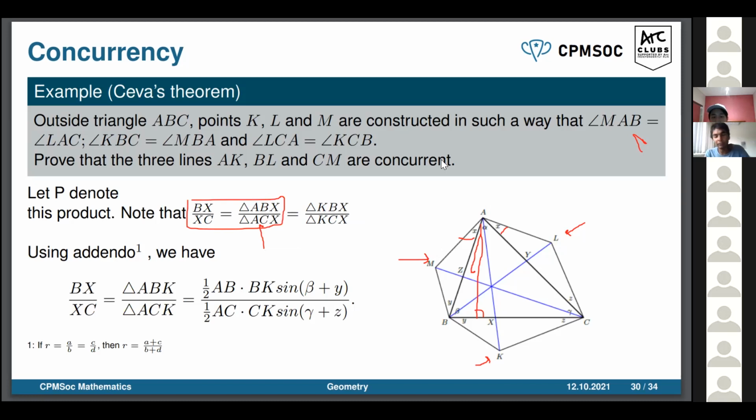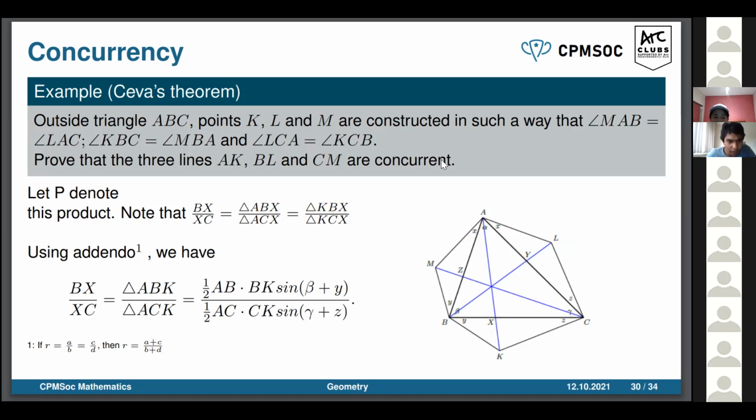Since the area of a triangle is half times base times height, when you take the ratio of the areas, the height doesn't come into the equation, so only the bases do. So BX over XC is your ratio of areas. The same thing applies for the area of KBX divided by the area of KCX. These two triangles also have the same altitude, so the ratio of the areas is the same as the ratio of the bases.